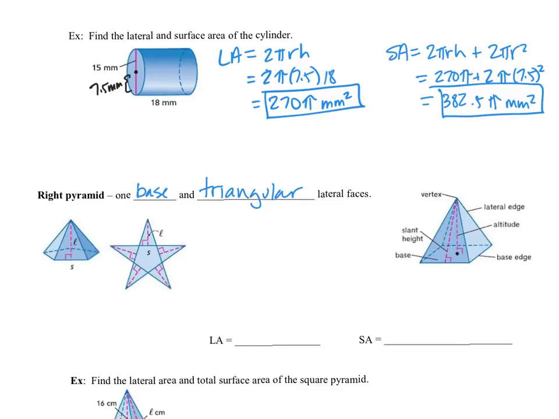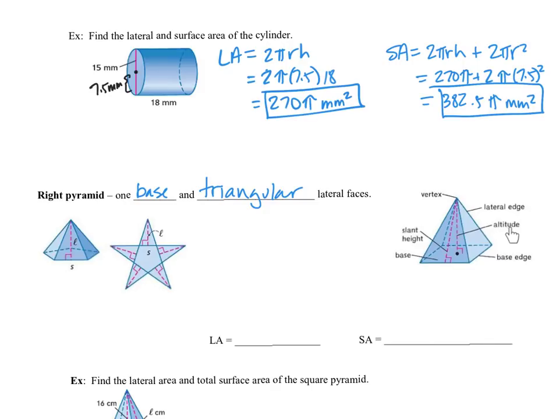So let's talk about how to find the lateral area and surface area of a pyramid. By the way, you might want to be familiar with all of these vocabulary terms. The vertex of a pyramid, the base is the one shape that's going to be a polygon. Lateral faces are all going to be a triangle.